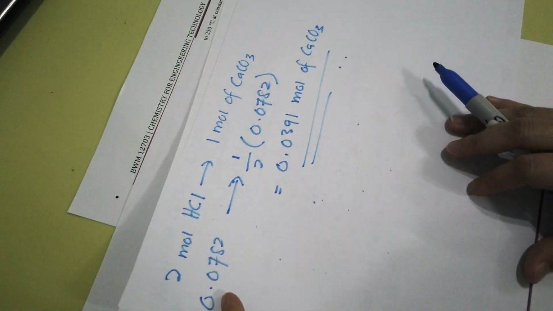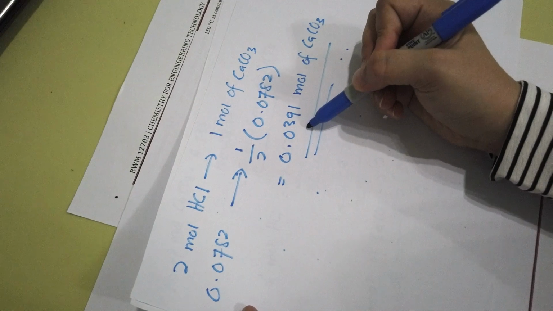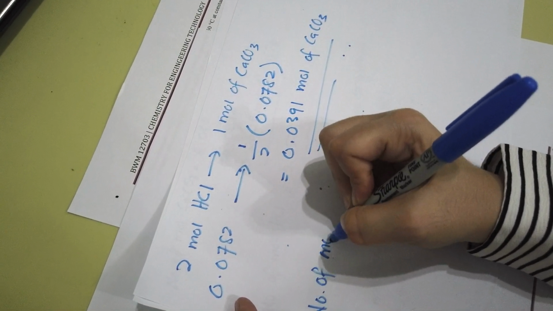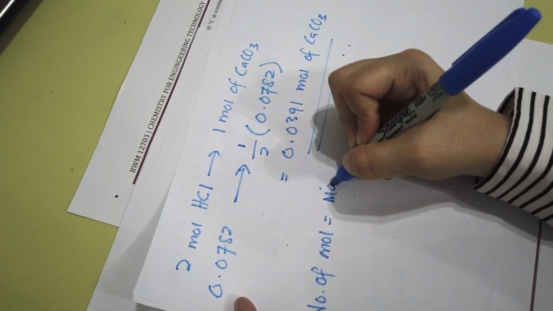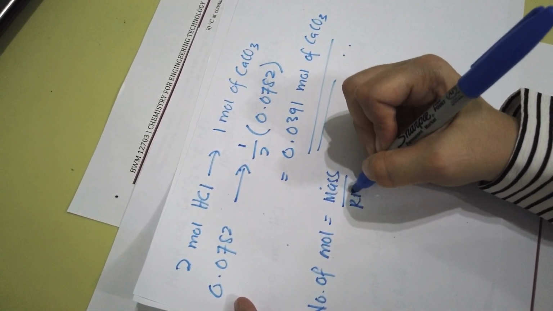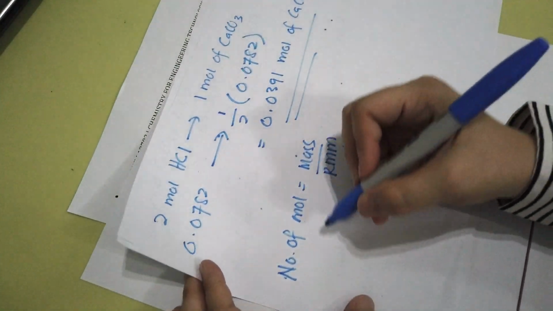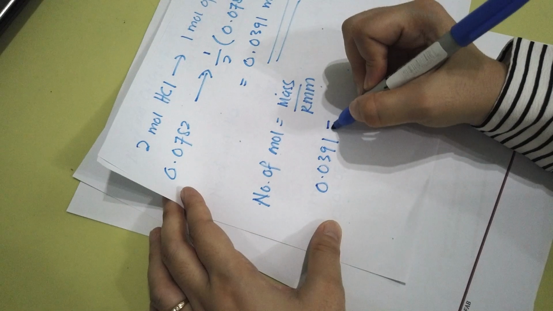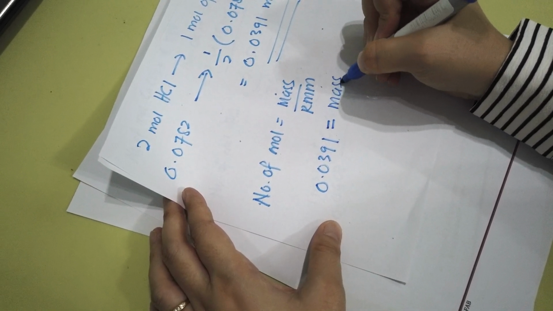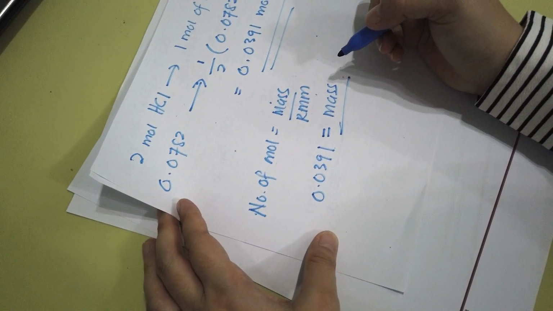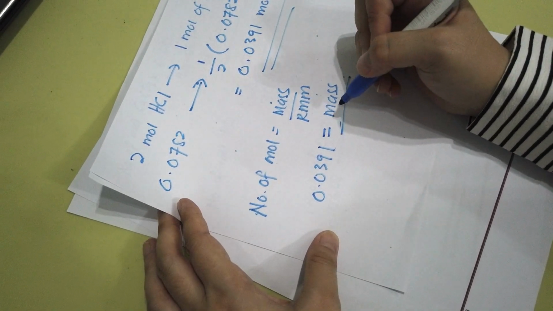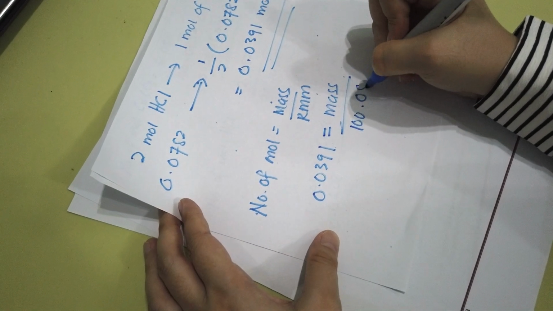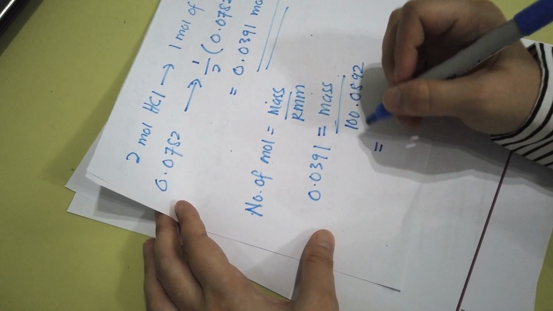So this one, the mass, number of mole equivalent to mass over RMM. So the number of mole is 0.0391. Mass is the one that you want to calculate, and the RMM for CaCO3 is 100.0892.